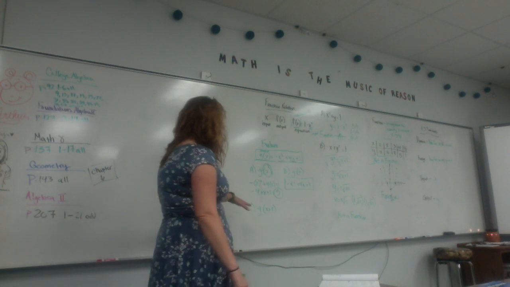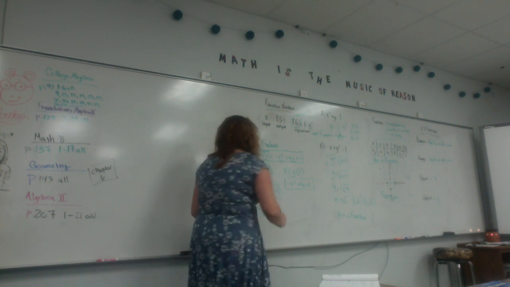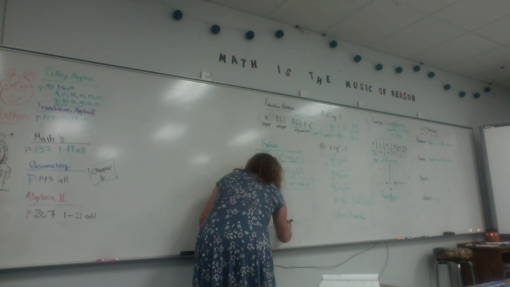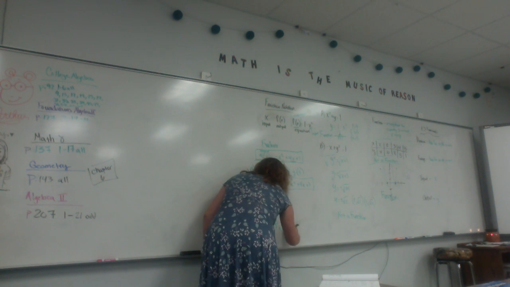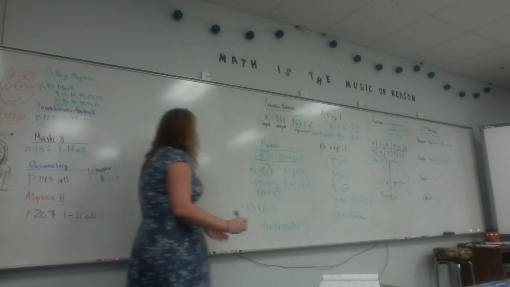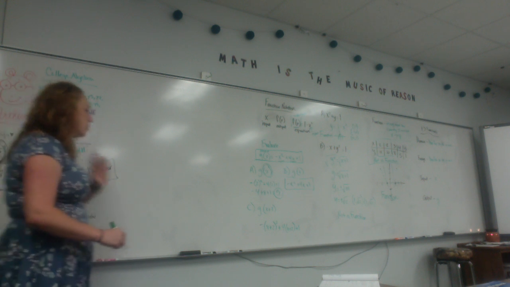And then the final one is I'm plugging x plus 2 into anywhere there's an x. So you have negative x plus 2 squared plus 4 times x plus 2 plus 1. Now here you have to FOIL because you have x plus 2 squared.